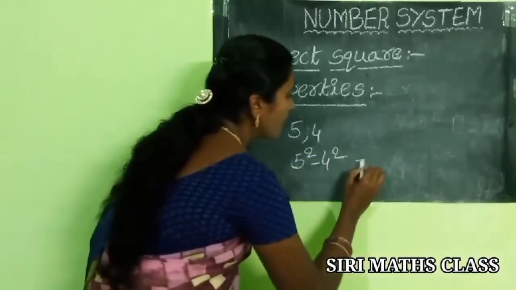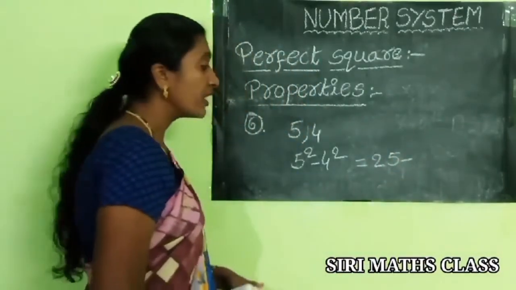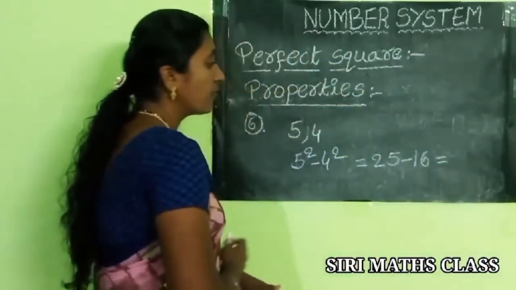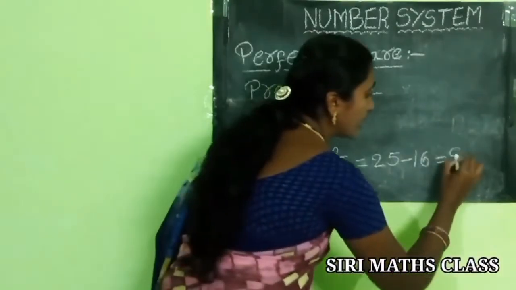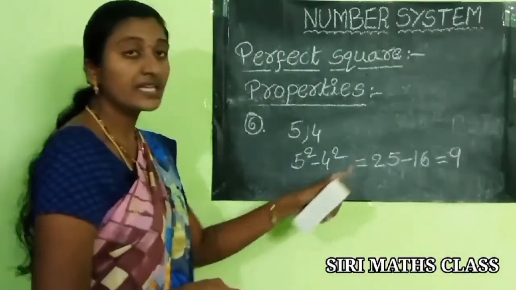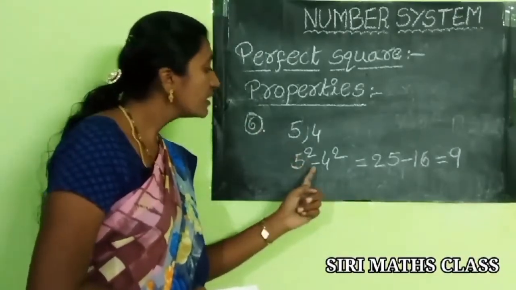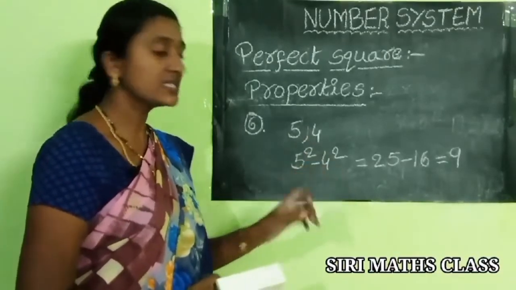Okay, see here, what is the 5 square value? 5 square value is 25. What is the 4 square value? 4 square value is 16. What do we get as the answer? 25 minus 16, how much? 9. Okay, see here, in this condition they are saying the difference of squares of any two consecutive natural numbers is their sum.